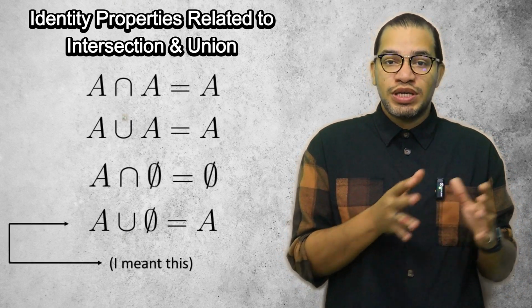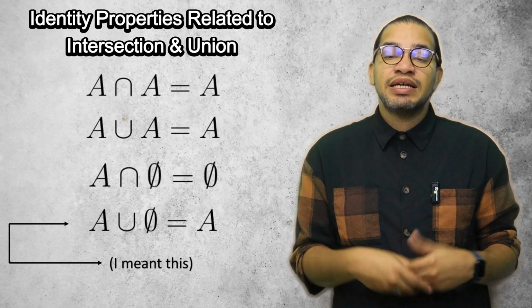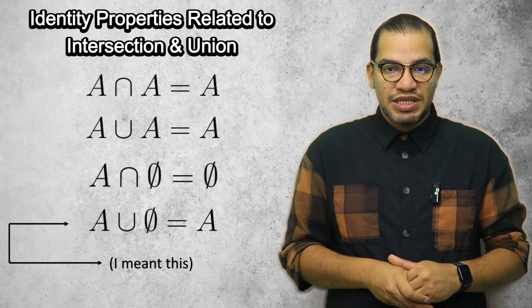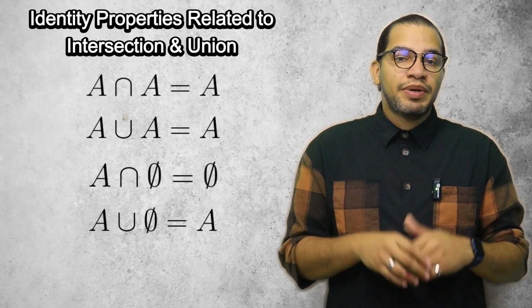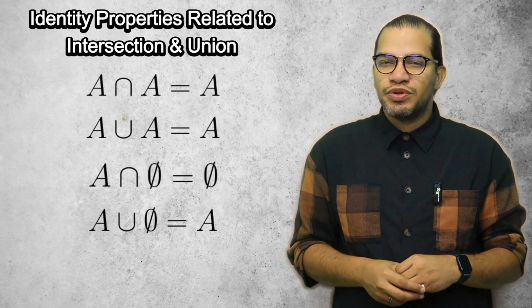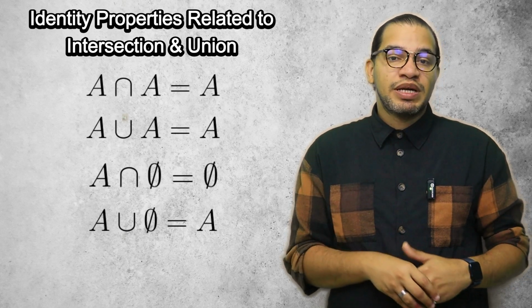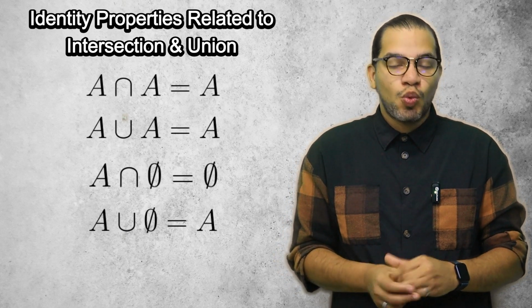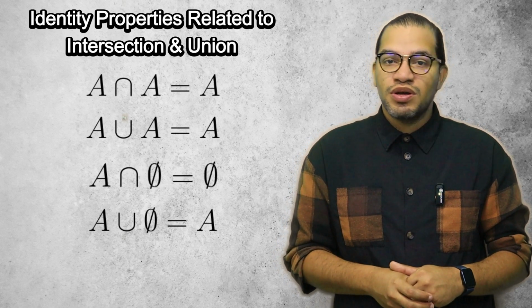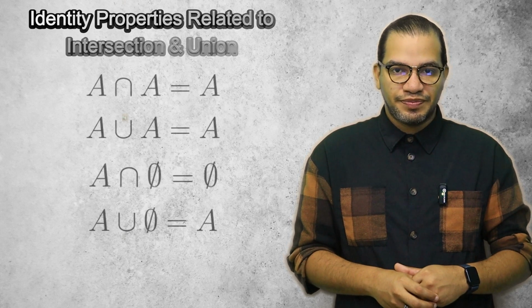And the union between A and the empty set is equal to the empty set. These properties kind of work like the numbers 1 and 0 in both addition and multiplication between numbers. We encourage you to prove these statements.